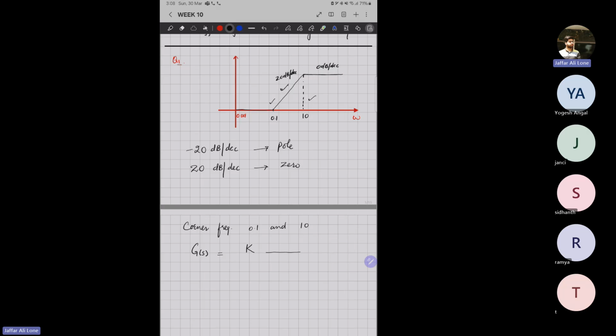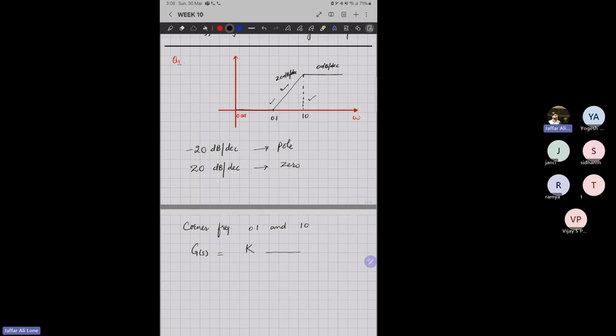So we see from the Bode plot, we have one zero at 0.1 and one pole at 10, because at 0.1, a positive slope contribution is happening. Similarly, when it reaches 10, the slope becomes 0. It means at 10 there is a pole. So we have a zero at 0.1.